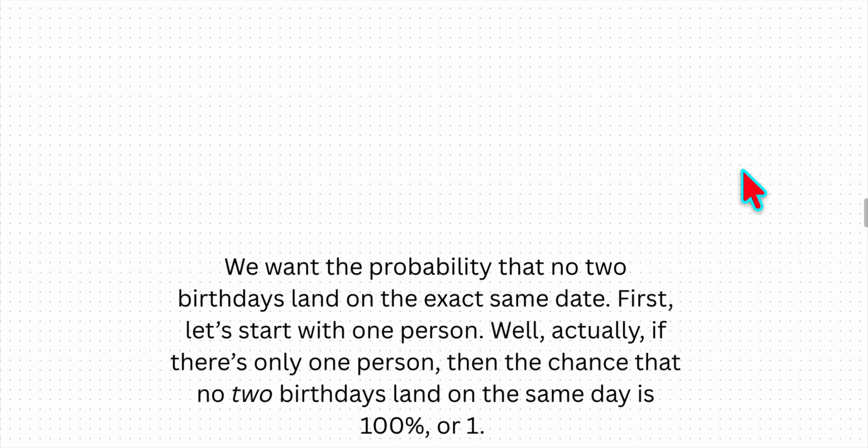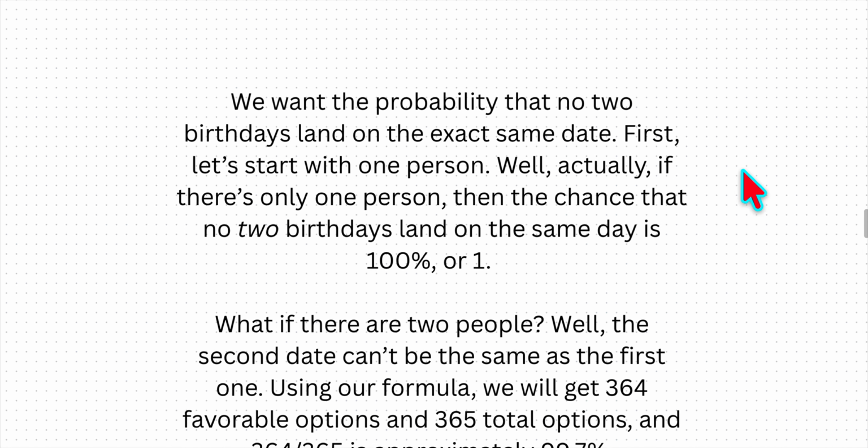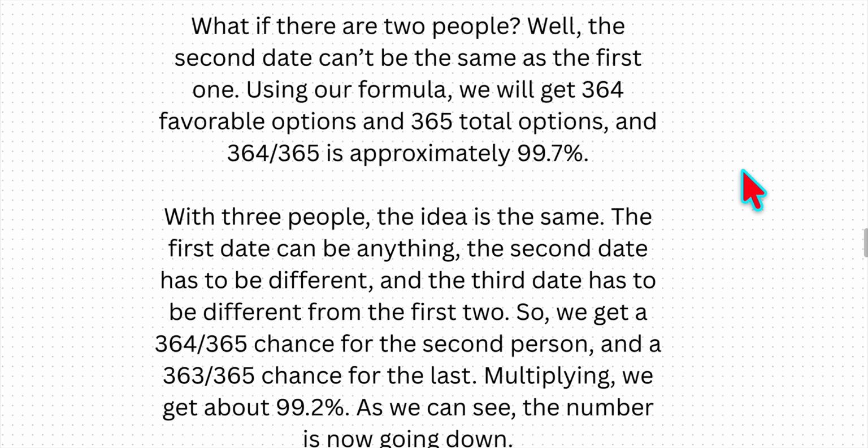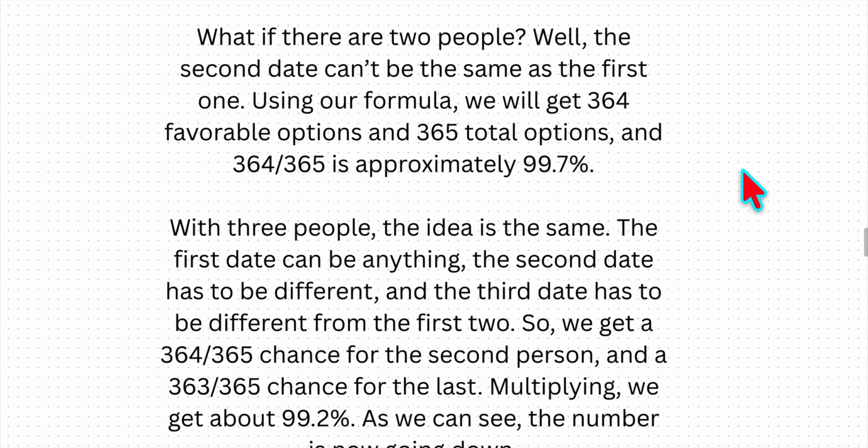Anyways, let's begin. We want the probability that no two birthdays land on the exact same day. First, let's start with one person. Well, this is pretty simple, because if there's only one person, then the chance that no two birthdays land on the same day is 100%, or 1, since there's only one of them. What if there are two people? Well, the second date can't be the same as the first one.